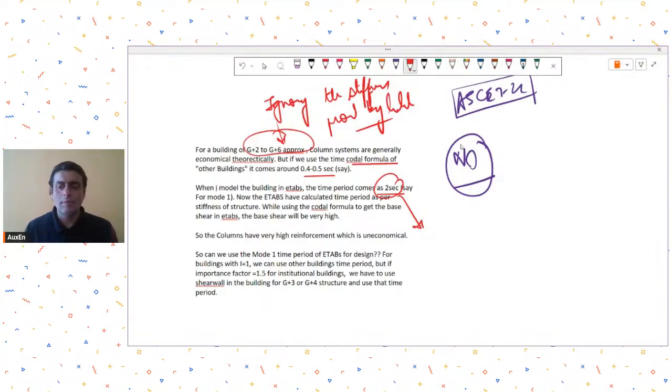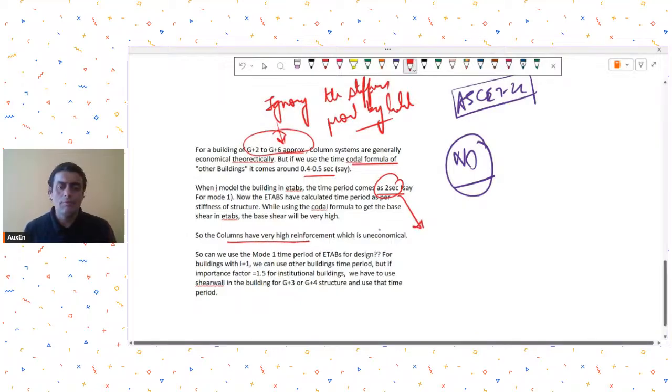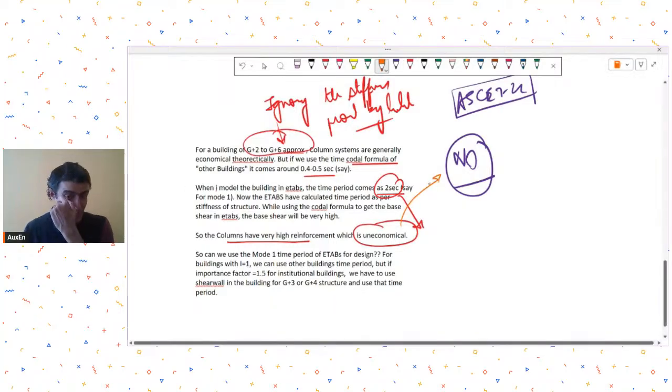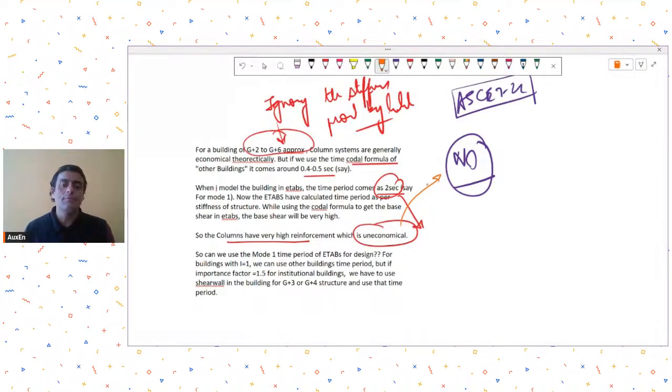Obviously, stiffer time periods mean that you will be using higher base shears, and you have to design your system accordingly. So forget uneconomical, economical. It is what your code says, and that is what you are supposed to follow right now. You are not allowed to use any computer time periods.